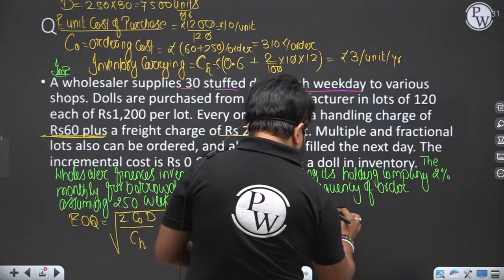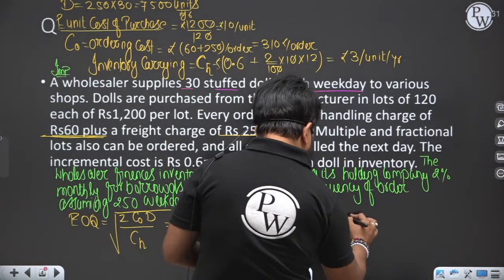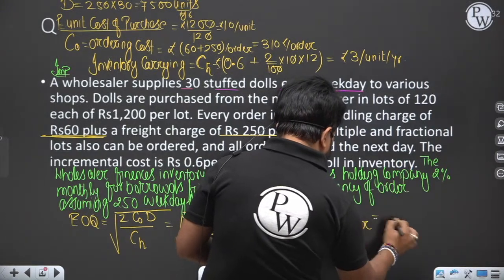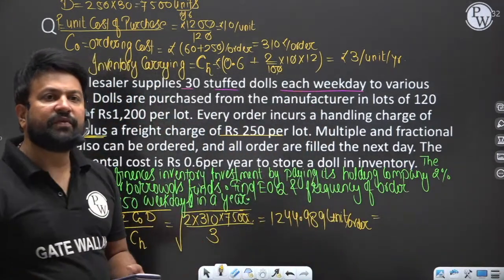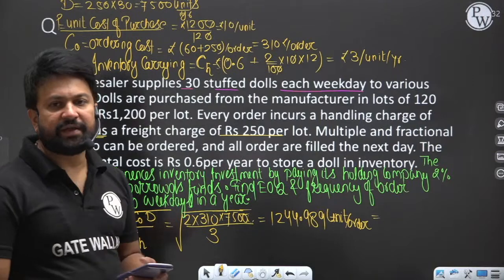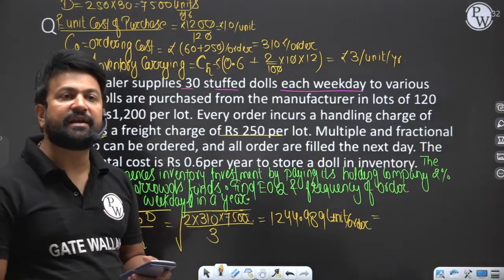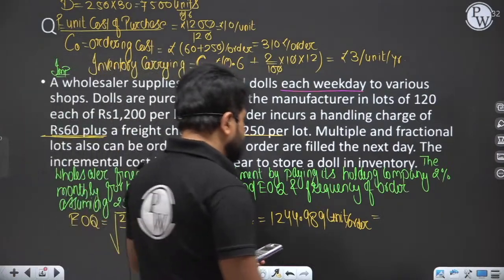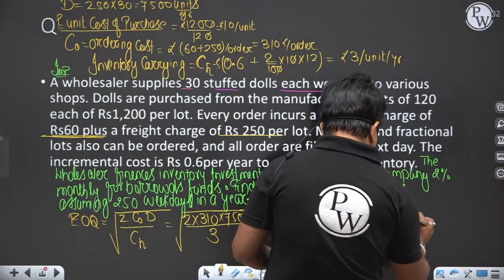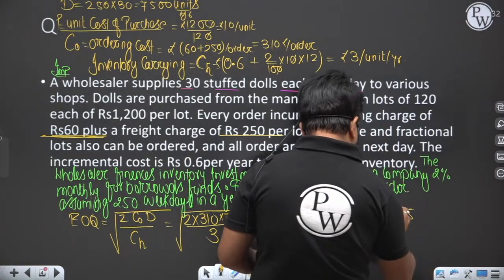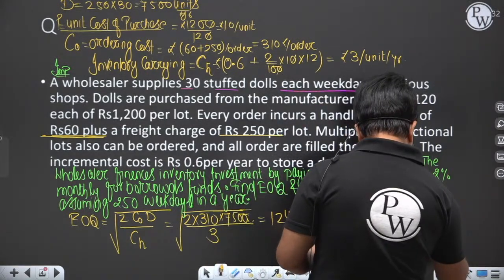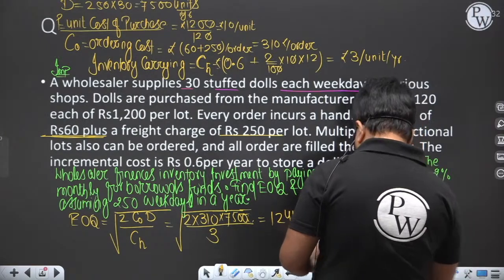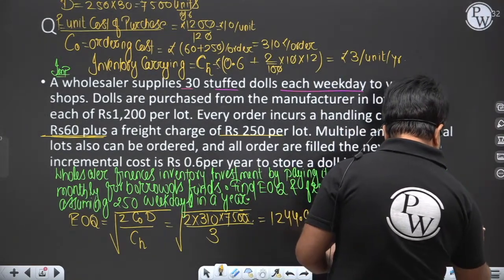You can approximate here, because this is very close to 1245. So you can approximate it as 1245 units per order.